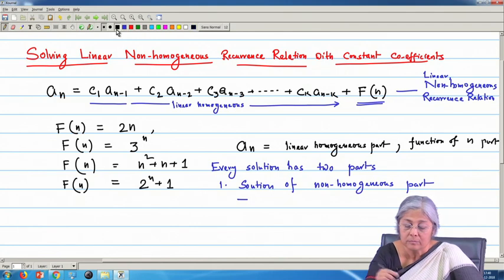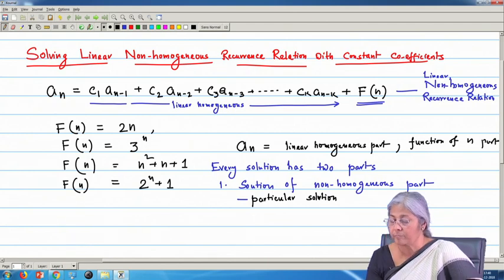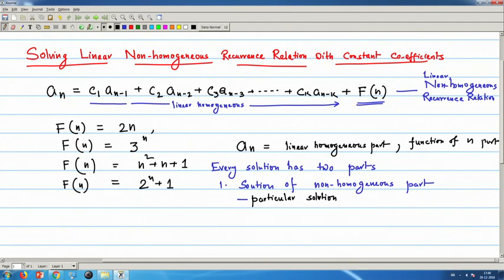And second is the solution of the associated linear homogeneous part.